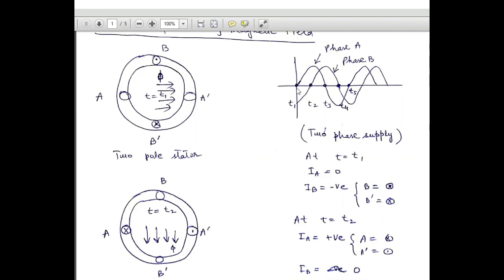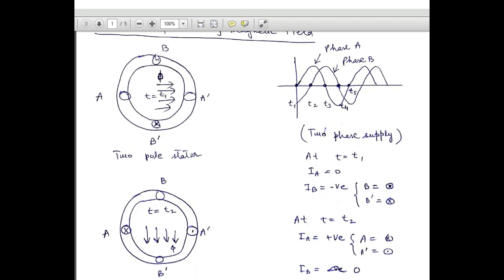For example, at the instant t1 we can see phase A, IA is 0 and IB is negative. The convention has been made such that if IB is negative, then this B part will have a dot, or the current is flowing out of the paper, and B dash will have a cross, or the current is flowing into the paper.